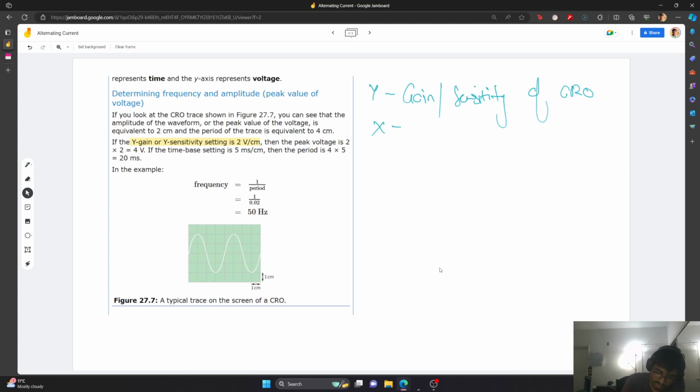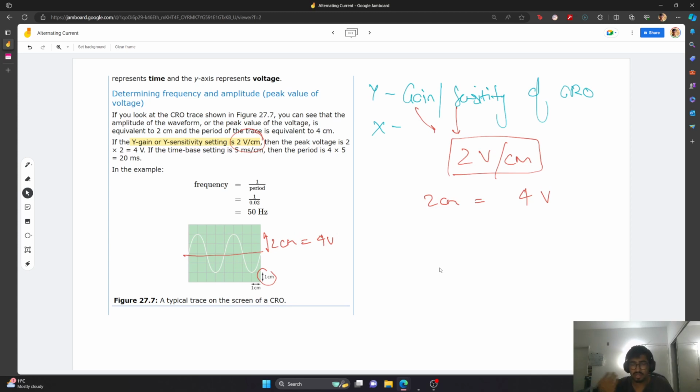What that means is that there will be some calibration factor, which will look like 2 volts per centimeter. Say if one box is 1, and the height here is 2 centimeters, by this conversion factor, which is called gain or sensitivity, that's equal to 4 volts, right? So 2 centimeters is actually equal to 4 volts.